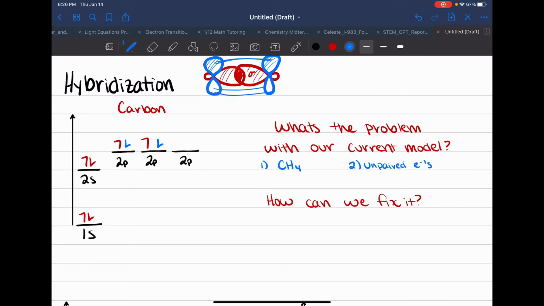How can we fix it? Well, you may have already been able to guess. Hybridization. Hybridization is going to allow us to find these 4 missing, unpaired electrons, because we already have 2, we just need to free up maybe these 2. And we'll talk about why all of this adds up and makes sense.